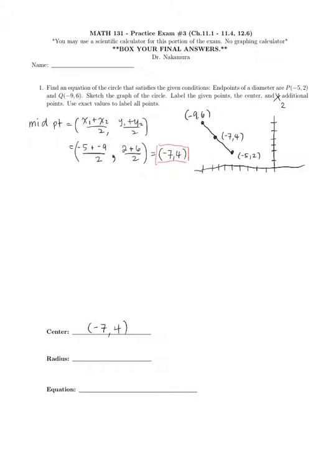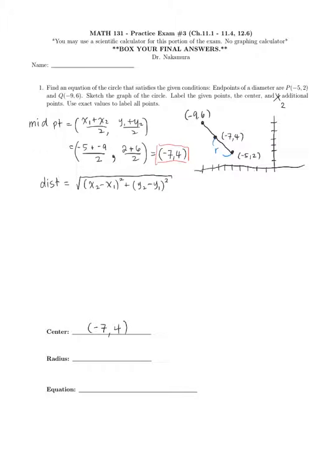Okay, now let's talk about the radius. Radius is nothing but the distance from the center to one of the endpoints on the diameter. So I'm just going to take negative 5, 2 as the second point. And then what we need to do now is compute the distance from the center to that point. The distance formula is given by the square root of x2 minus x1 squared plus y2 minus y1 squared.